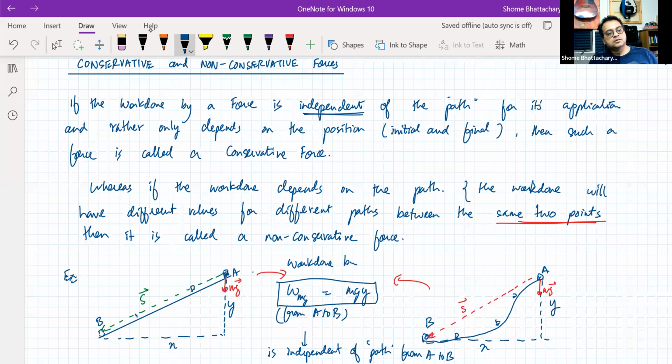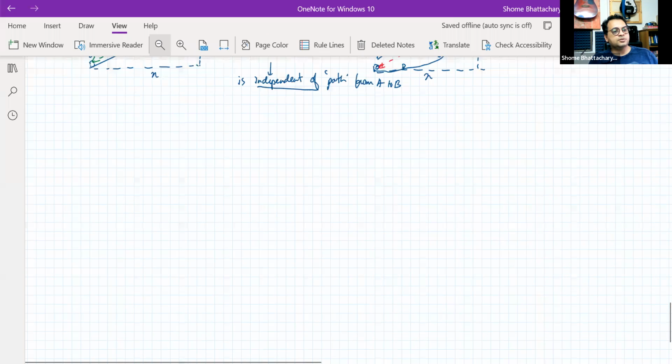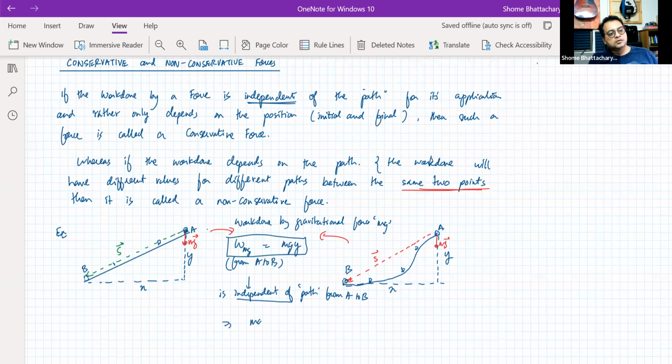Work done by the gravitational force mg is independent of the path. So that means it's coming within the category of which type of force? It is a conservative force here.